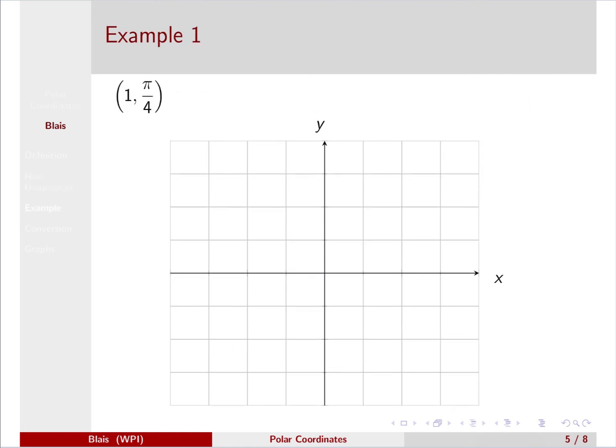Let's just get at least one example under our belt. If we want the point (1, pi over 4), this is a polar representation. So this means if this is our point P, P is a distance 1 from the origin.